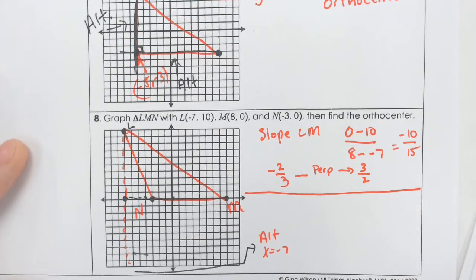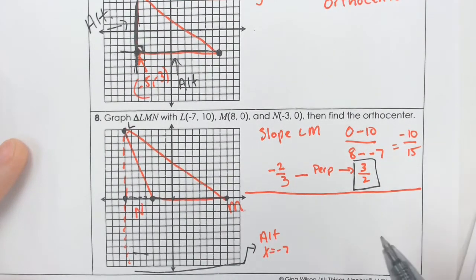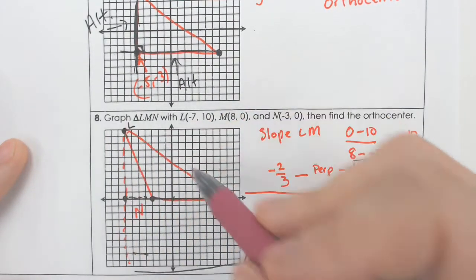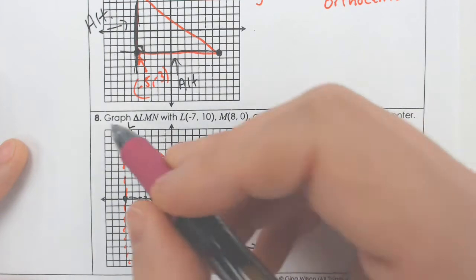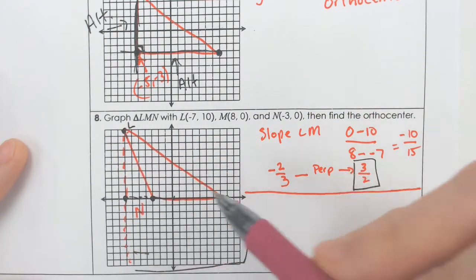From here, I have my perpendicular slope. I want to get a perpendicular slope to LM that goes through point N on the opposite side.